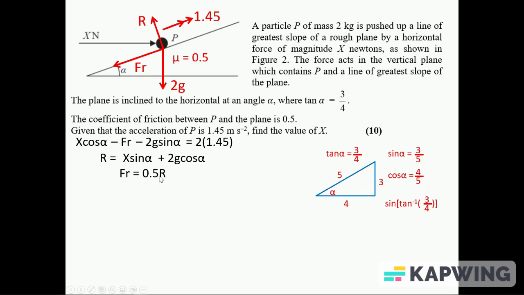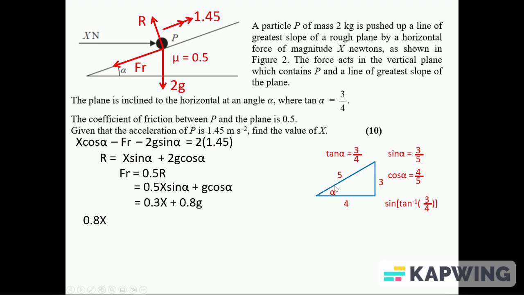Anyway, the friction is equal to 0.5 times R. The coefficient of friction is 0.5. So if I do 0.5 multiplied by x sine alpha plus 2g cos alpha, and put the sine alpha in, which is 3/5 or 0.6, and the cos alpha in, which is 4/5 or 0.8, that gives me the friction, which I can put into here now, and then I'll be able to work out what the x is.